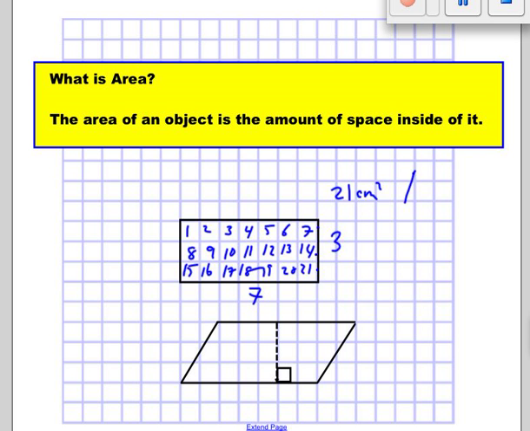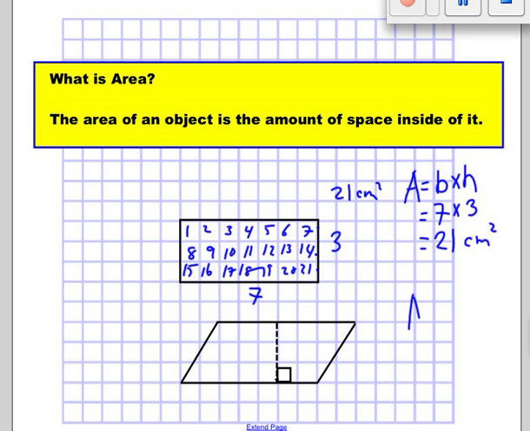And I can put in the formula that area is equal to base times height. If I replace both of those numbers, 7 multiplied by 3, I get 21 centimeters. But I'm not finished here. Area is always written squared.